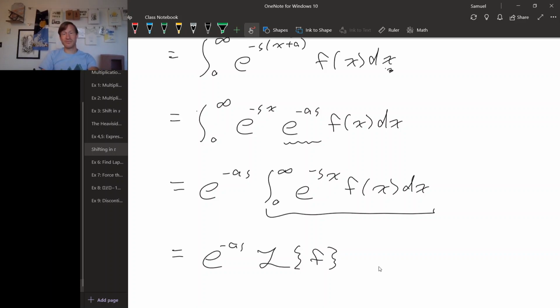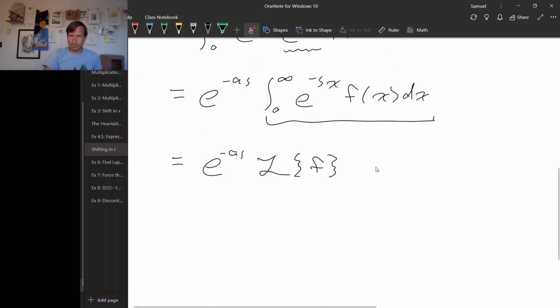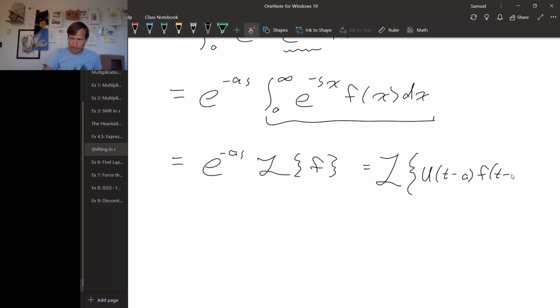And so we're done. We figured out the Laplace transform of a function that's shifted and multiplied by a step. We got that a shift right in the t world looks like multiplication by an exponential in the s world.